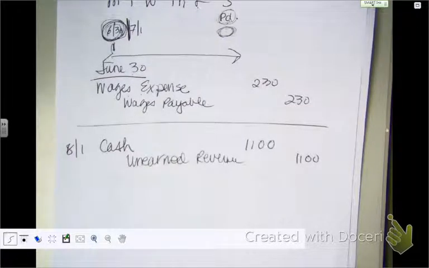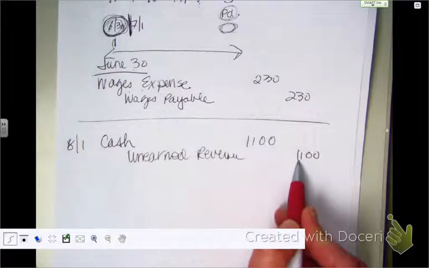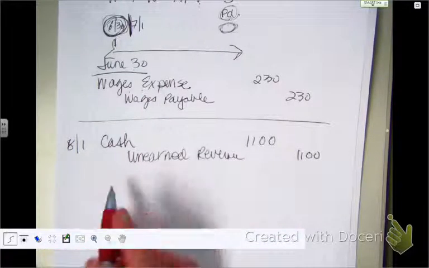Now we're at the end of the month, and we actually earned $760 of this. So of this amount that we received in cash, we now earned $760. So now we've got to adjust for that.